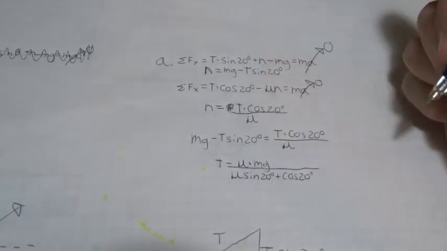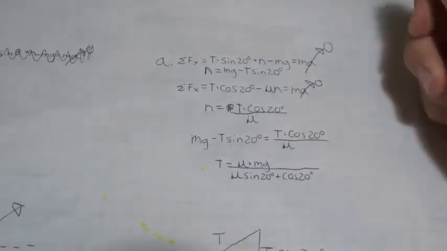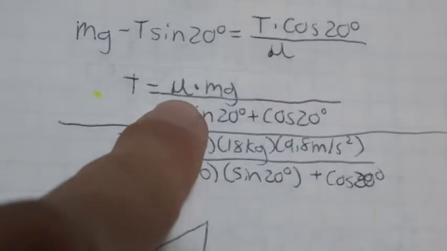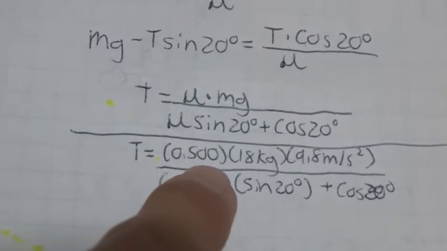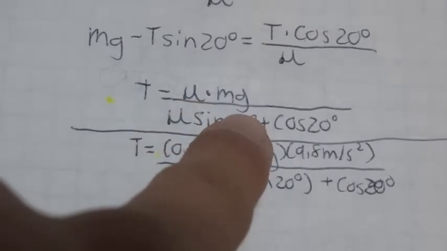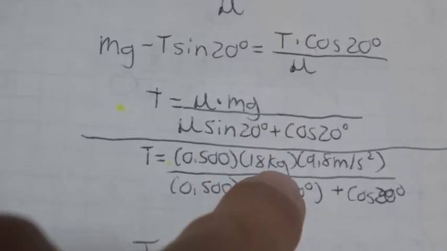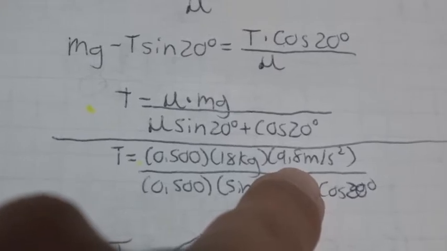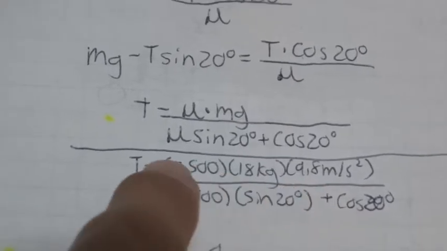We can plug in our givens and get an answer for that tension. So tension equals mu. Mu was given to us as 0.500, no units, times weight, mass times gravity. Mass is 18 kilograms given to us. Gravity is something we all know, 9.8 meters per second squared.